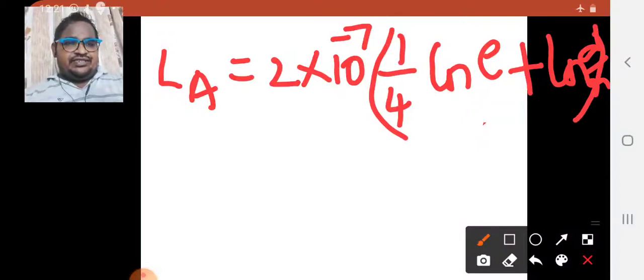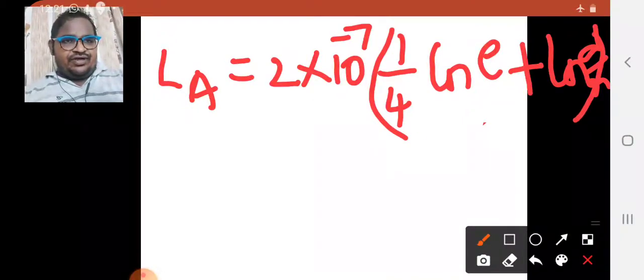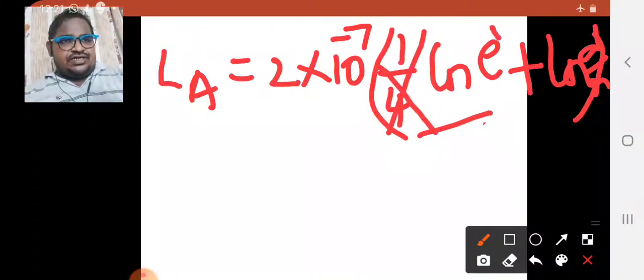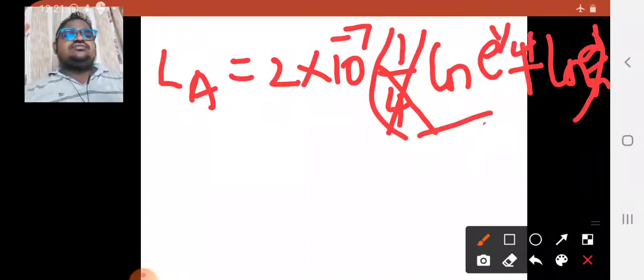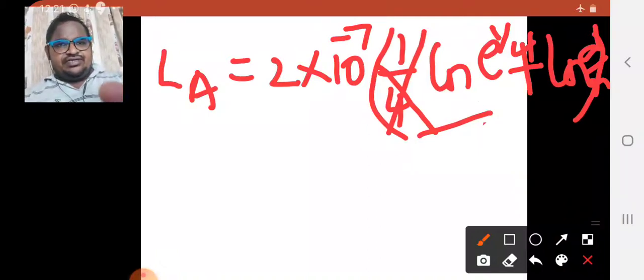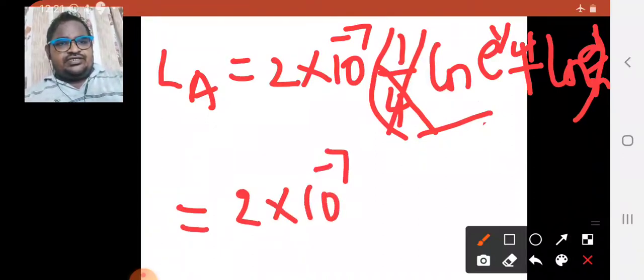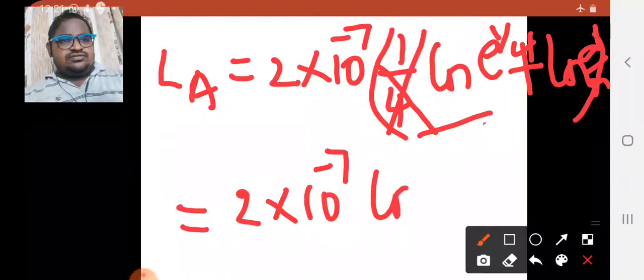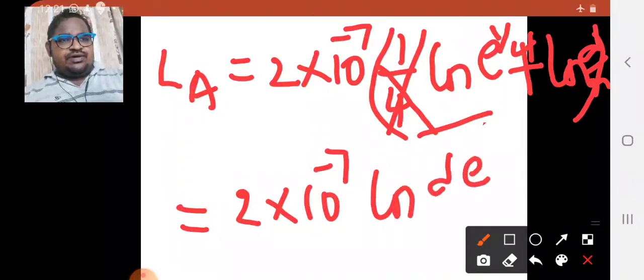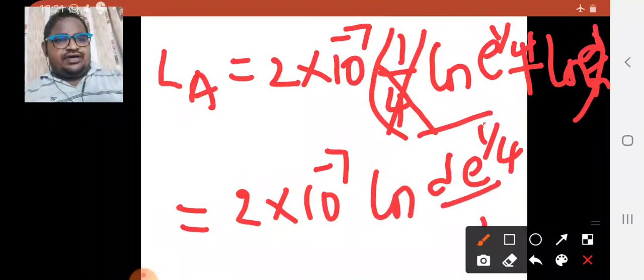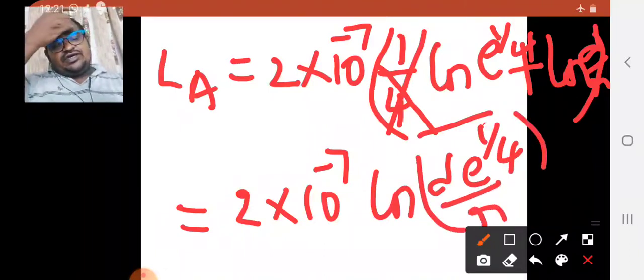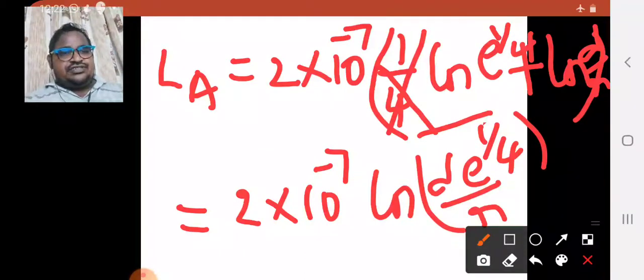Now 1 by 4 ln E can be written so that I remove this term. Ln A plus ln B is equal to ln AB. So it is 2 into 10 power minus 7 ln d e power 1 by 4 by R. Now I still want to reduce this equation, that is, remove e power 1 by 4.